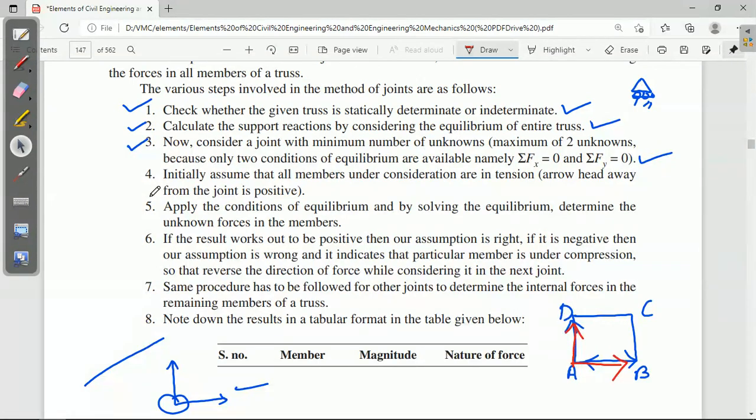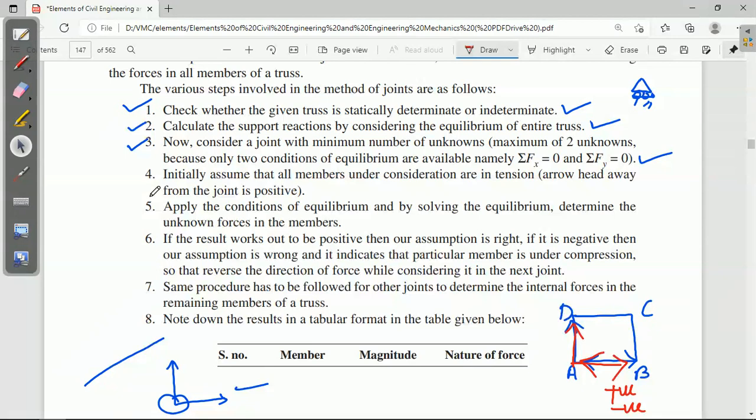By making this assumption, we are going to solve the problem. If the value is positive, then the assumption is correct. If the value is negative, then this force is not moving away from the joint, it is coming towards the joint.